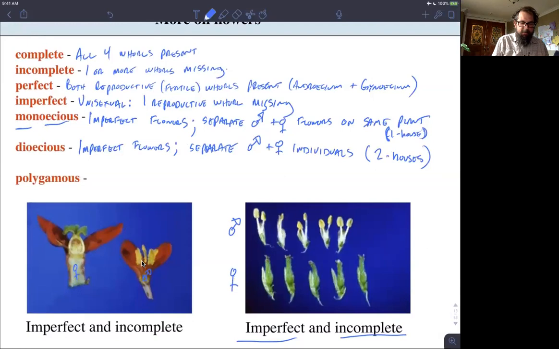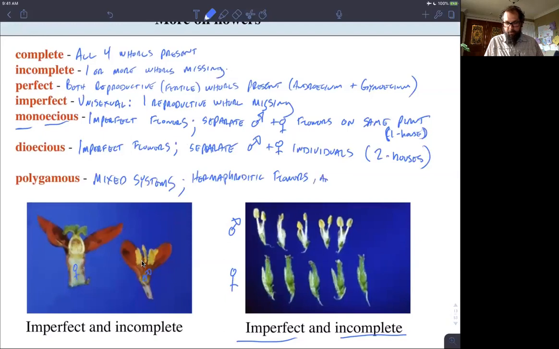And of course, you can't ever have this be cut and dry in plants or in biology in general. And so we have polygamous systems, and these are just various forms of mixed systems. Maples are a good example of this, where in some maples you have hermaphroditic flowers, and then on the same individual we'll have male flowers, so male imperfect flowers.